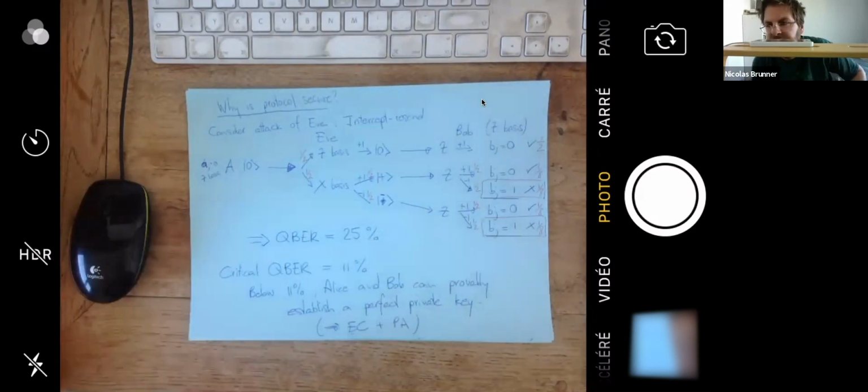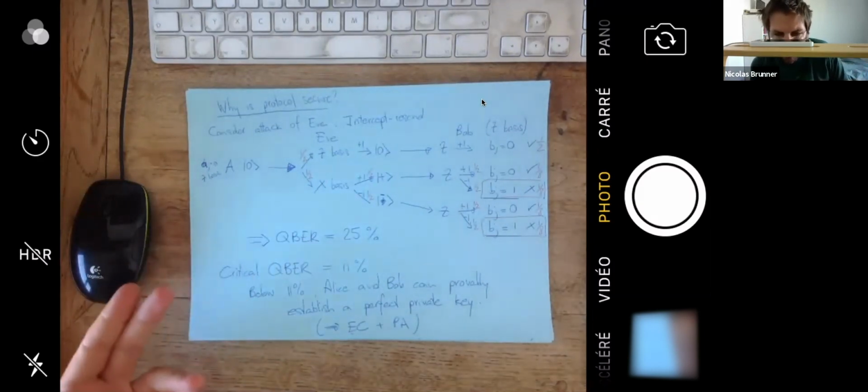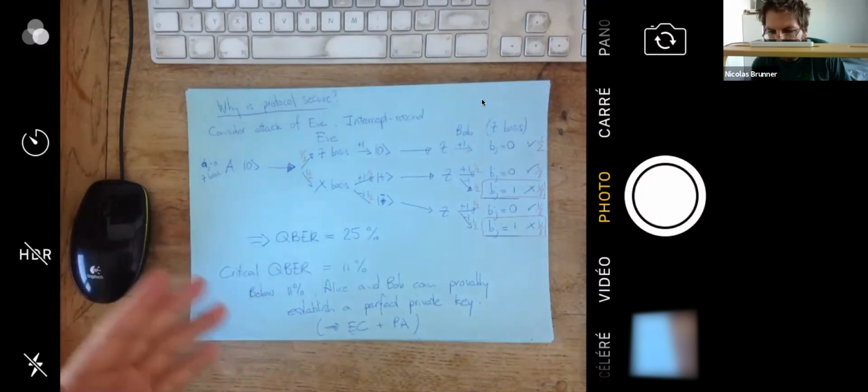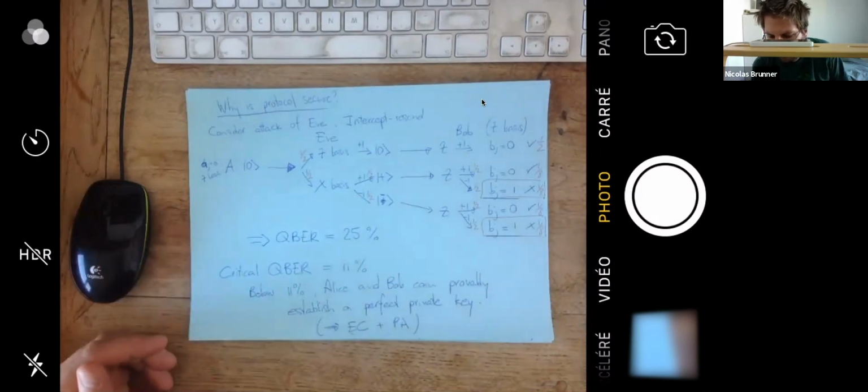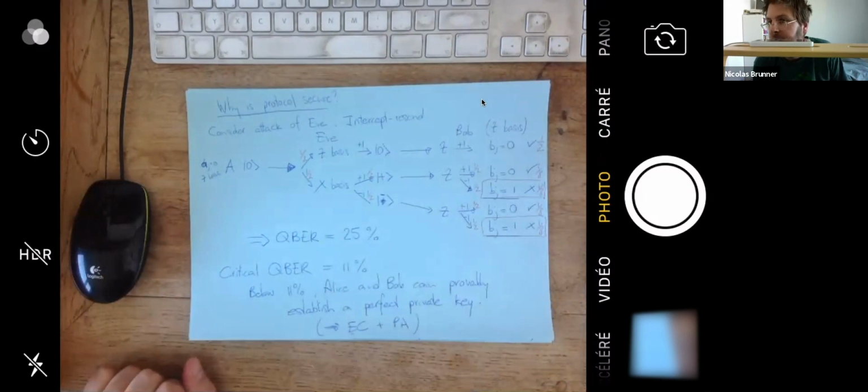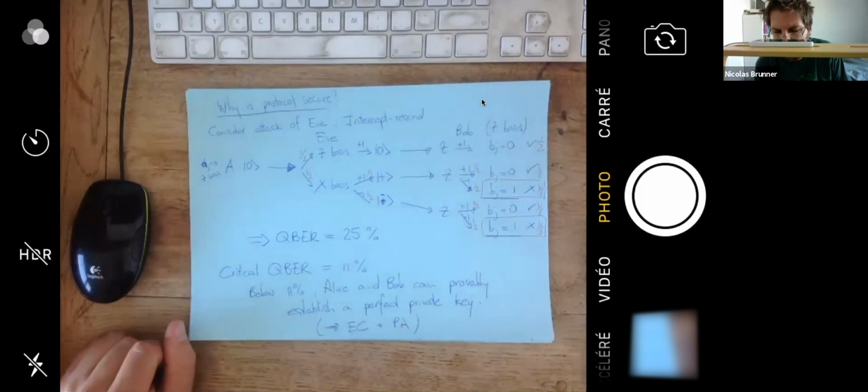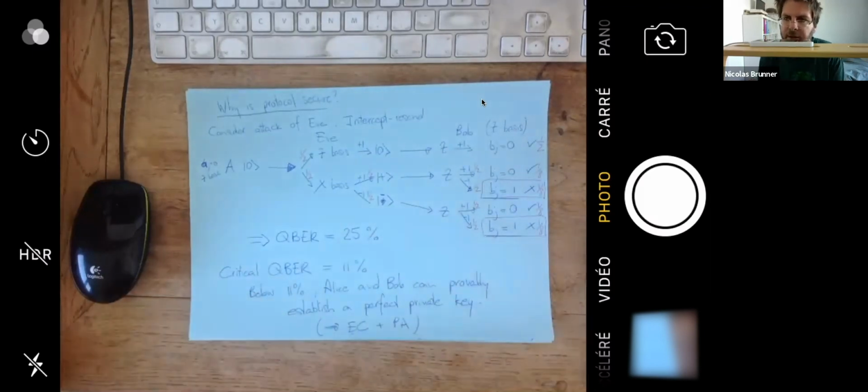In practical schemes, the rate of these devices is typically megahertz. So per second you send millions of qubits, and in the end you extract a key that is typically kilohertz, or maybe tens of kilohertz.